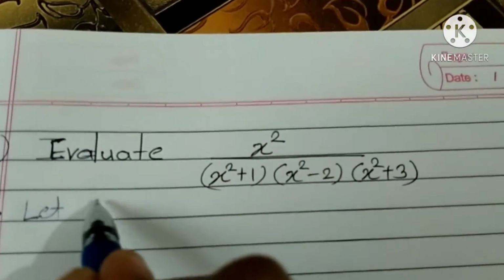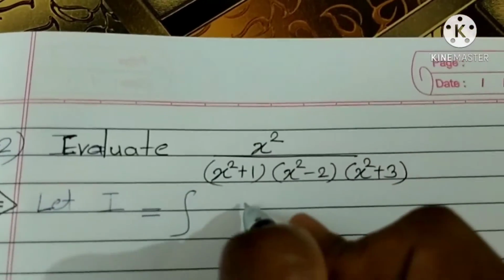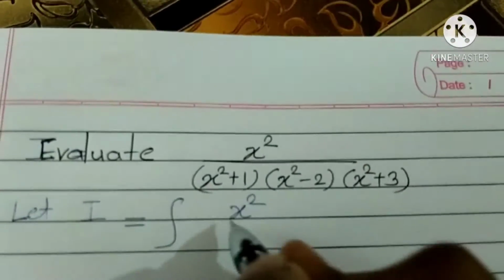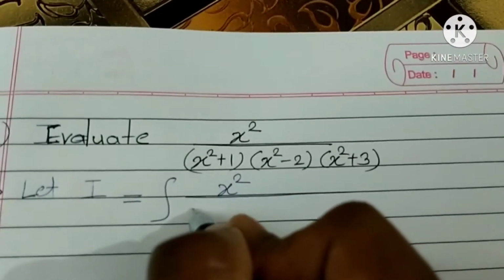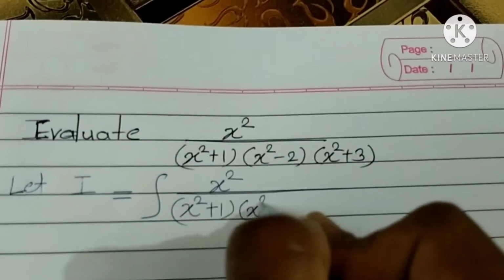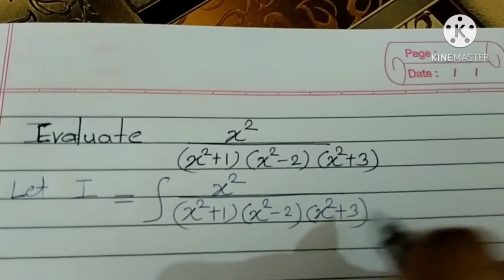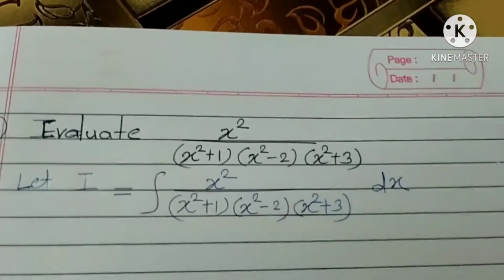Let I is equal to integration of x square upon (x square plus 1)(x square minus 2)(x square plus 3) dx.